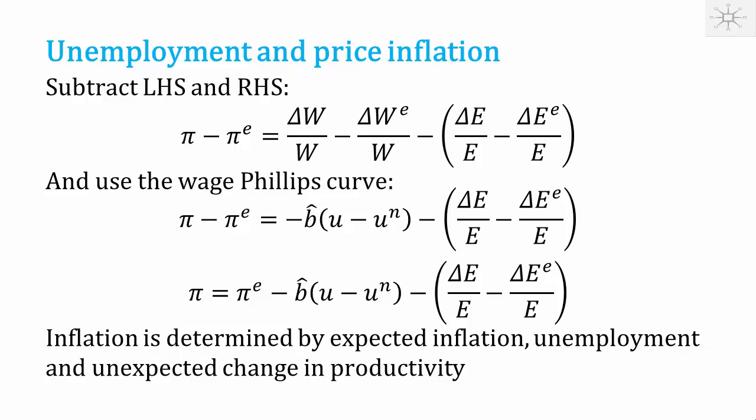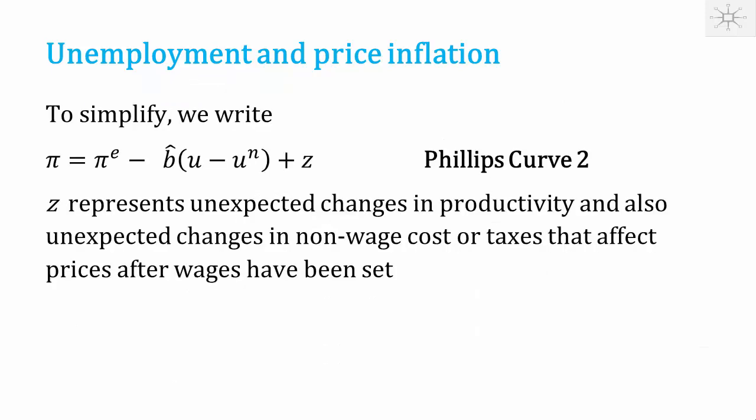So this is the Phillips curve that relates inflation to unemployment. High unemployment reduces inflation, but inflation also depends on the expected rate of inflation and also on unexpected productivity shocks. And we simplify notation by writing it like this.